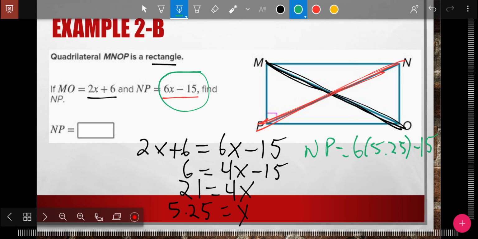So I do 6 times 5.25, I get 31.5, minus 15, and that gives me the final answer: NP equals 16.5. So it's just using those rectangle rules.